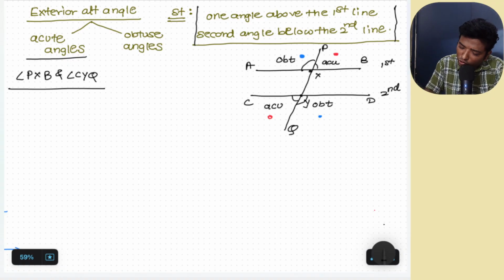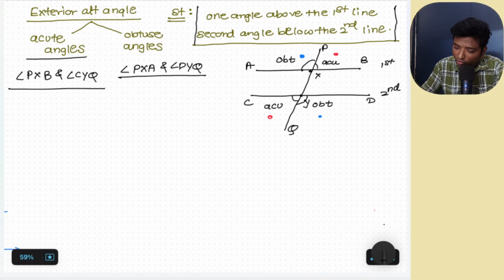Then take the obtuse, that is angle x, an angle b y q. Very simple. You have to remember this line, and one pair of acute and one pair of obtuse will be there. You go in cross mode, diagonally opposite, right?